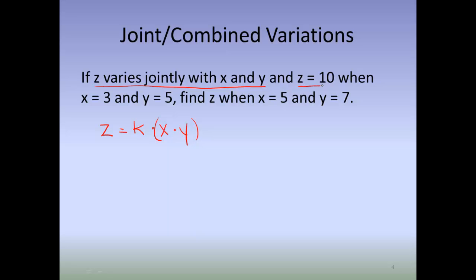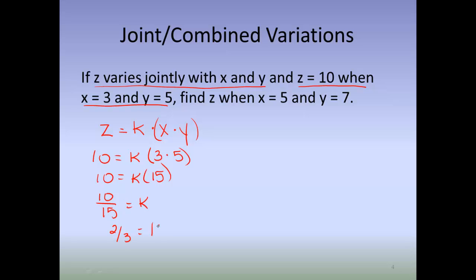Again, the second part allows you to find your k value. So if z is 10, x is 3, y is 5, 3 times 5 is 15, and so 10 over 15 is k, which reduces very nicely to 2/3 for my k.